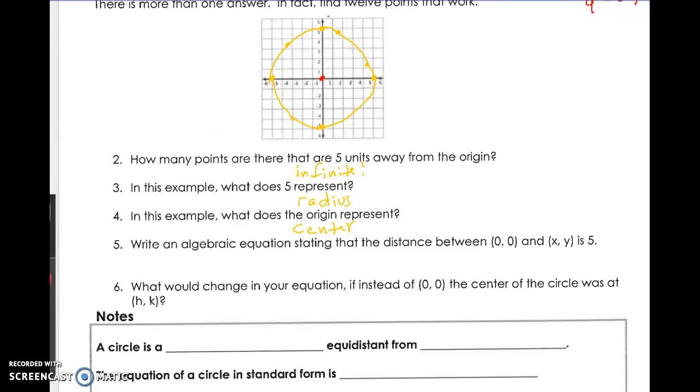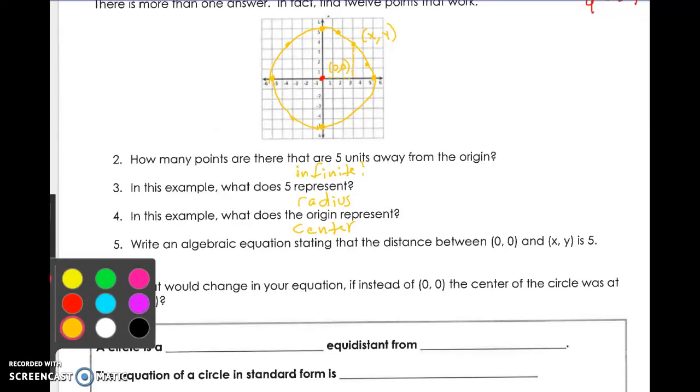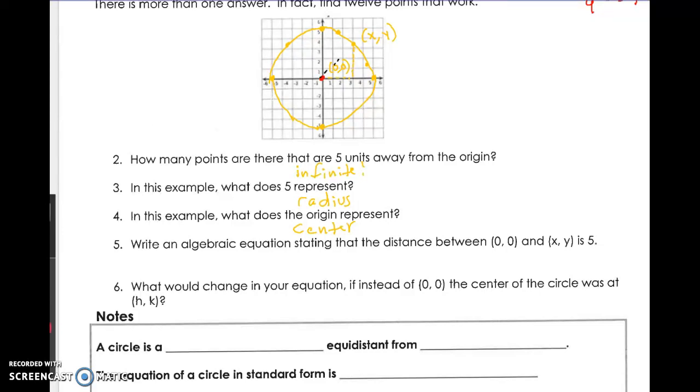Now, here's where we get into something pretty interesting. I'm going to label a point on here, just any generic point, and I'm going to call it the point x comma y, and this is the point 0, 0. To find the distance between the point x, y, and 0, 0, what we've done in the past is we've made this right triangle.